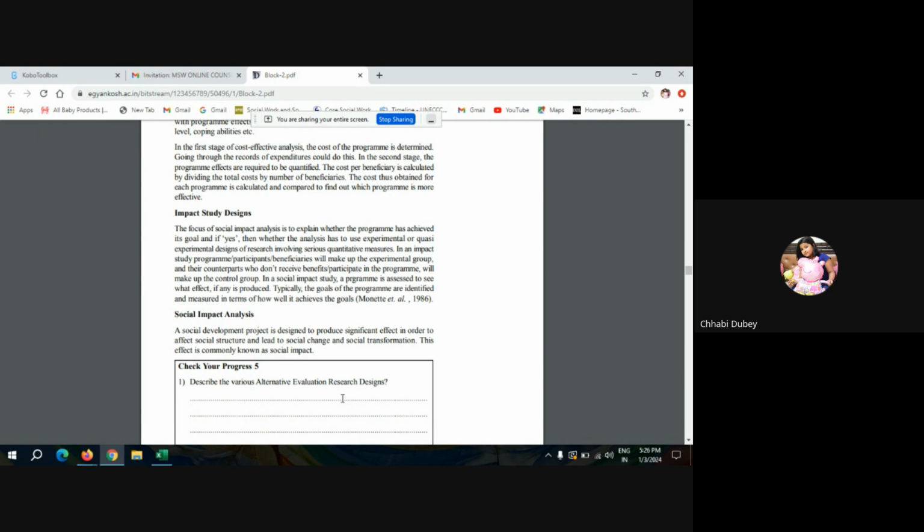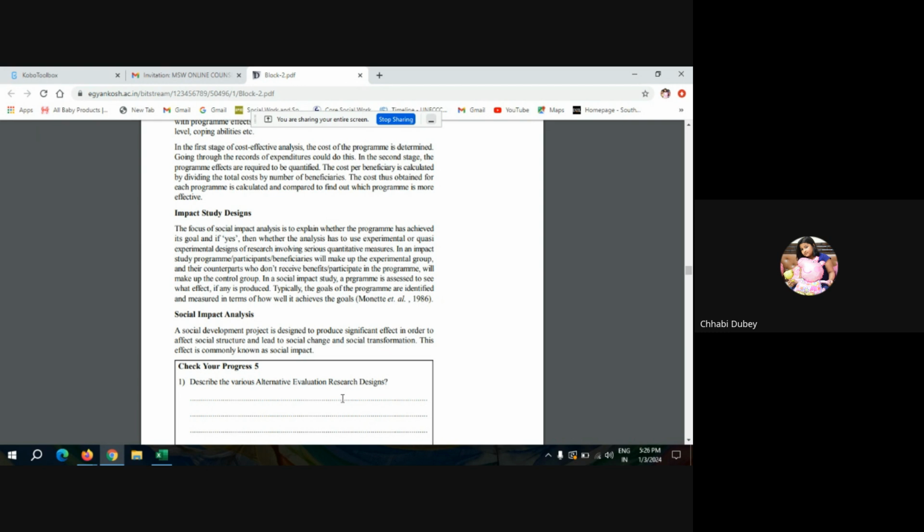After this impact study design, we come to what is known as the social impact analysis. Now, what is social impact analysis? Generally, the social development projects, they are designed to produce some significant effect to the social structure. So there may be some kind of social changes. There may be some kind of a social transformation that may happen because of these development projects.